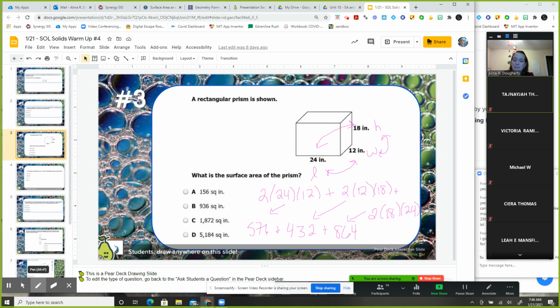And then we're just going to add them all up. 576, 432, 864. And what answer did you get? Anybody? So it's definitely an easy question. Everybody should be able to get this one. Absolutely.